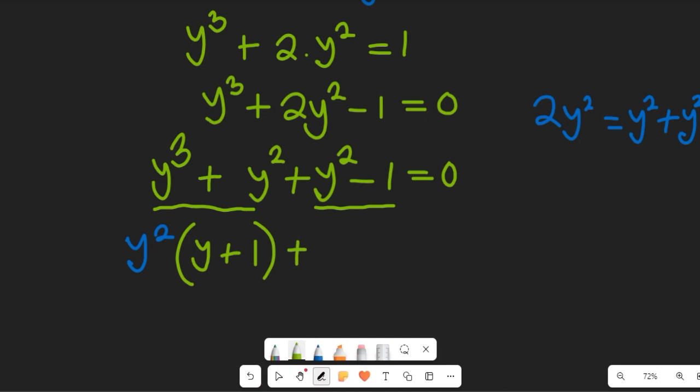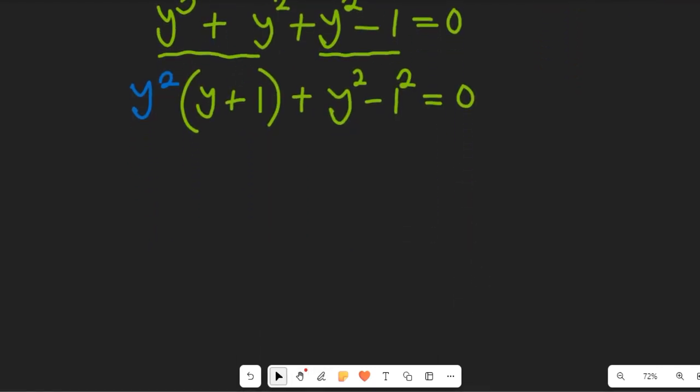This is simply going to give me y squared minus 1 squared, because 1 squared is still equal to 1. So what do you see there? We are simply simplifying this. Now this is what we call a difference of two squares.